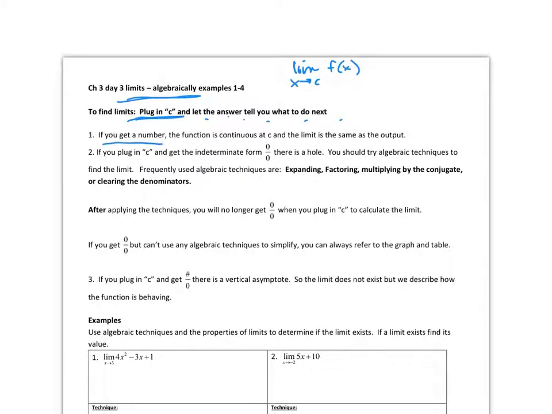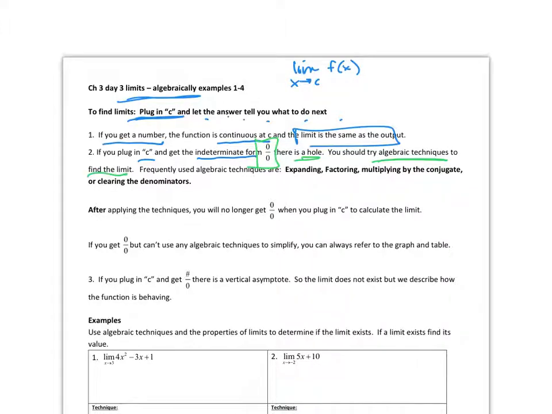If we actually get a number or a value, then it is continuous at c, and that is what the limit is. Now if you plug in c and you get something called an indeterminate form, which is 0 over 0, then you would have a hole. You need to use algebraic techniques so that we can actually find the limit.